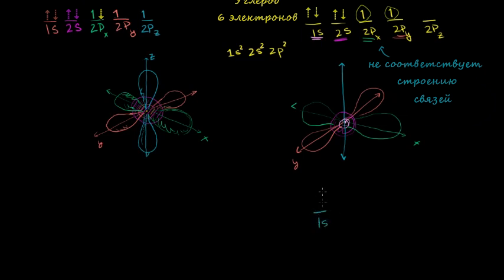So you have 1s, with 2 electrons there, and then you have your 2s, 2px, 2py, and 2pz. Now you can imagine it wants to form 4 bonds. It has 4 electrons that are willing to pair up with electrons from other molecules. In the case of methane, that other molecule is a hydrogen.